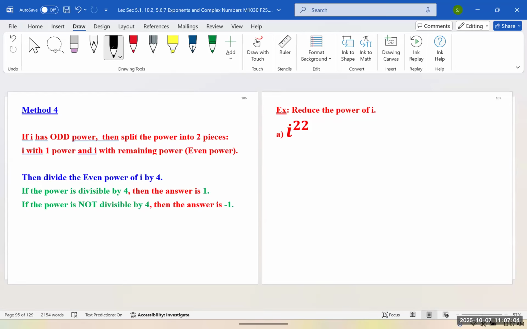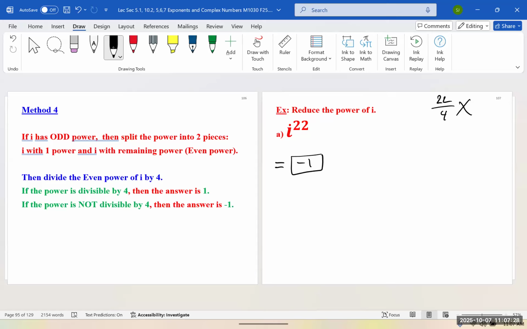Let's do some fun examples. i^22: can you divide 22 by 4? No. So what's the answer? It's -1, because 22 divided by 4 is not possible.